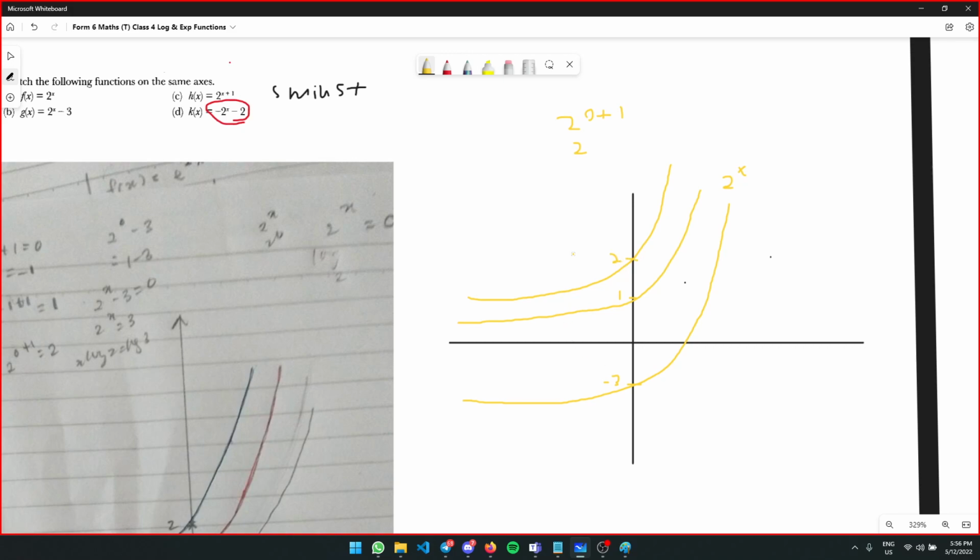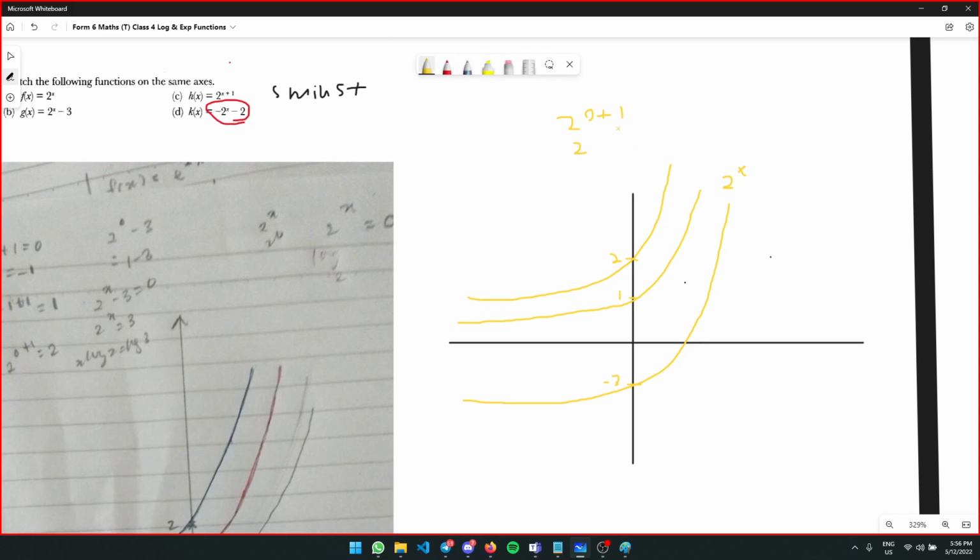Final one, negative 2x minus 2. Just now the 2x minus 3 goes like this, right? So this one will go down, like this. I said I'll use all different colors.